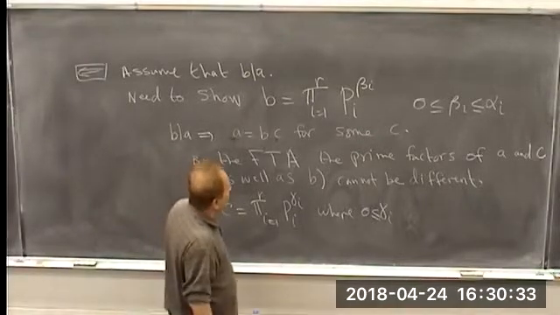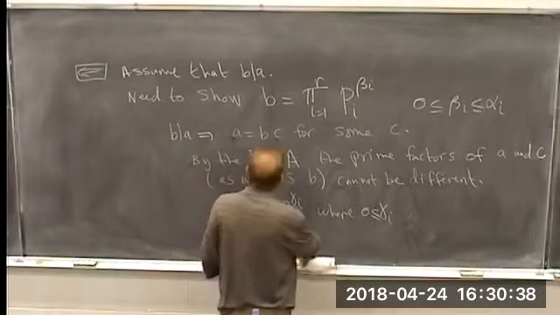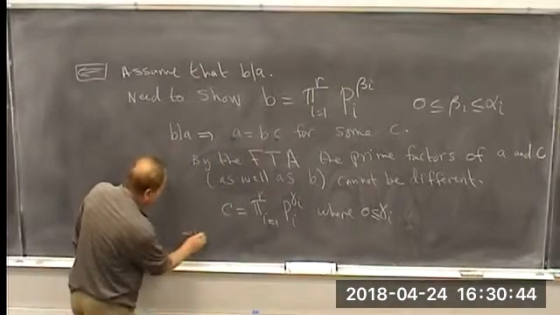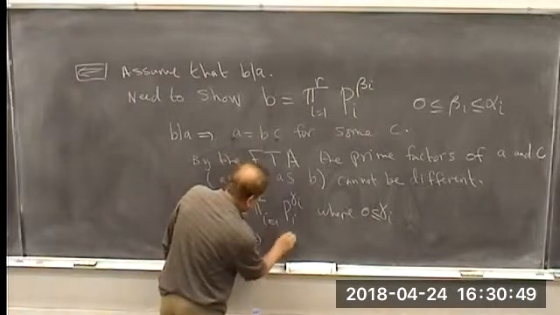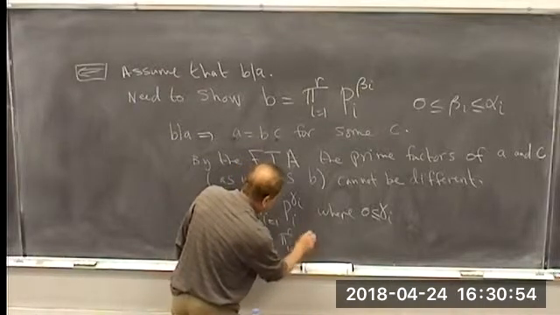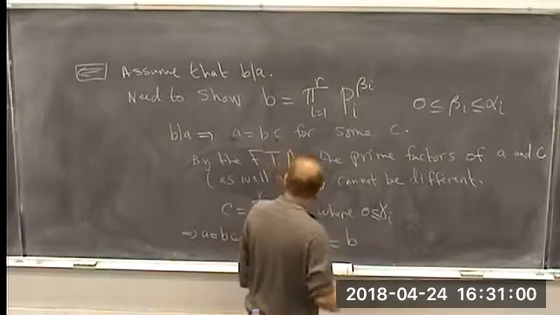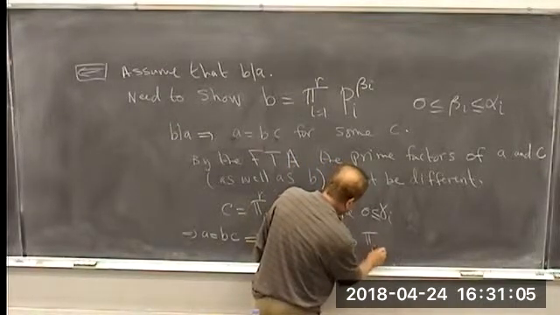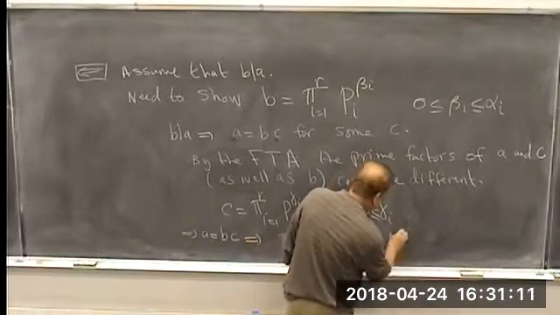All right. Now let's look at when we have A, which implies A equals BC, implies the product for i equal 1 to r of p_i to the alpha i is equal to B, multiplied by the product for i equal 1 to r of p_i to the gamma i.